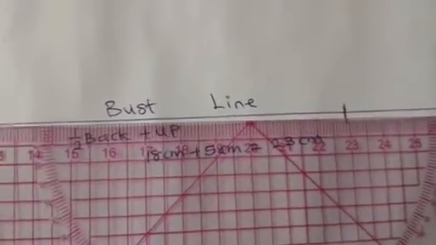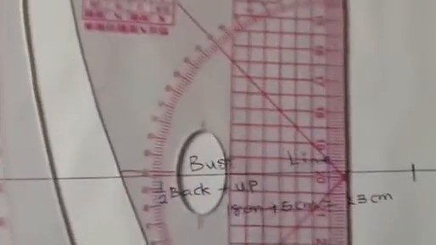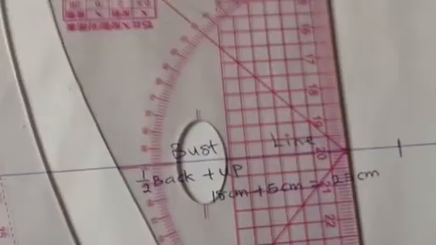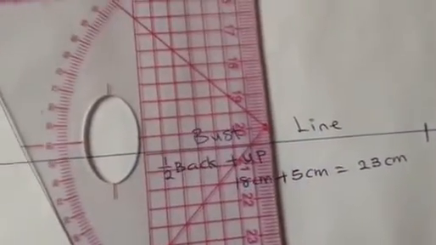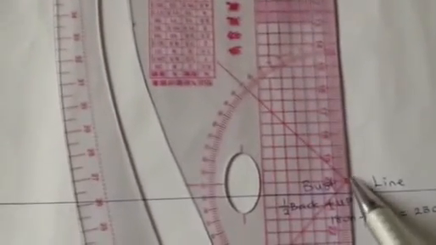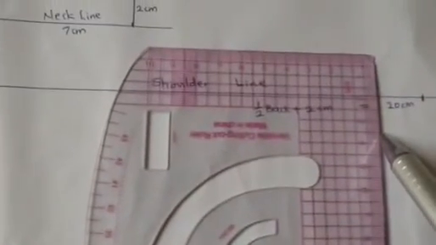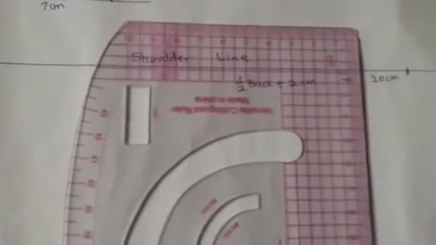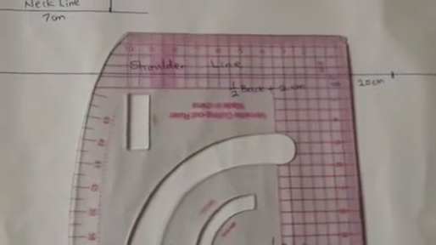So the next thing is to rule a vertical line, using the half back measurement as the reference point. Rule a vertical line that will cut the bust line just a little here, right across to the shoulder line. We can see that.